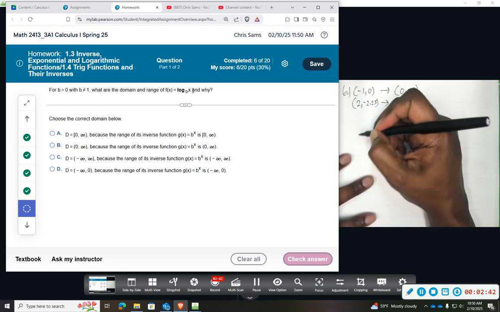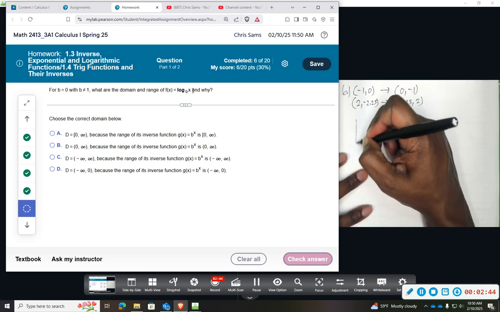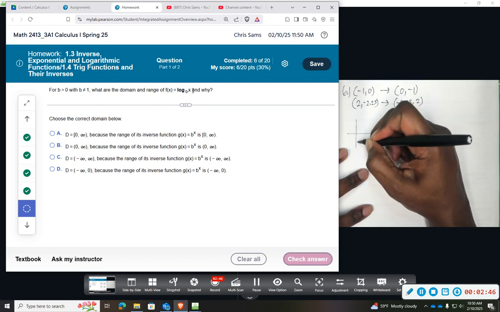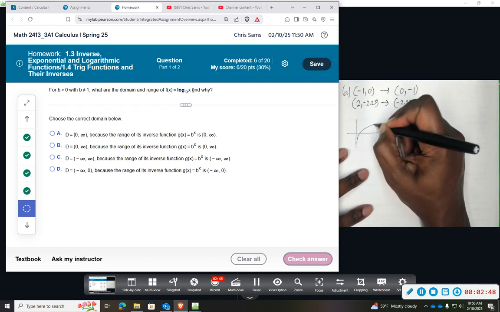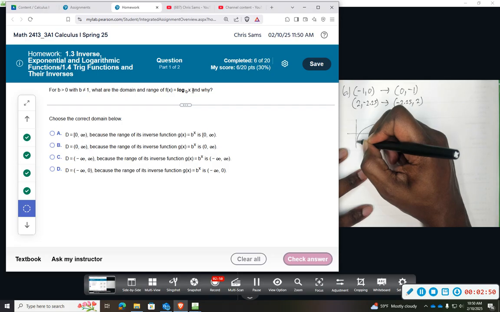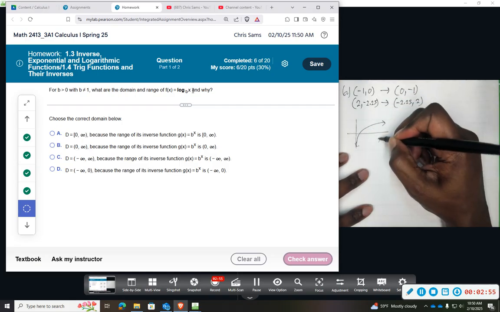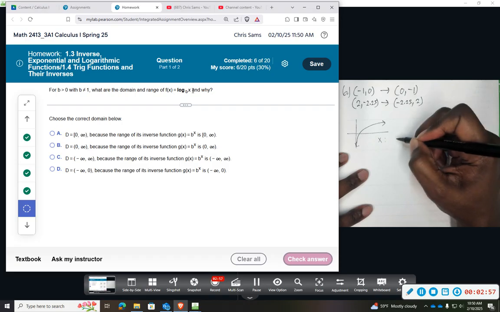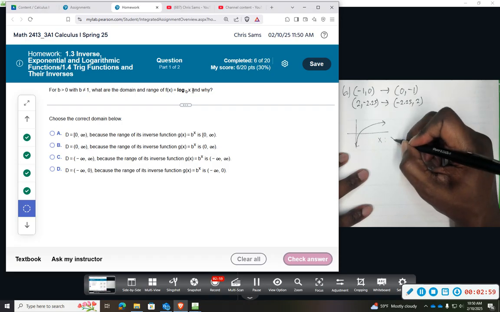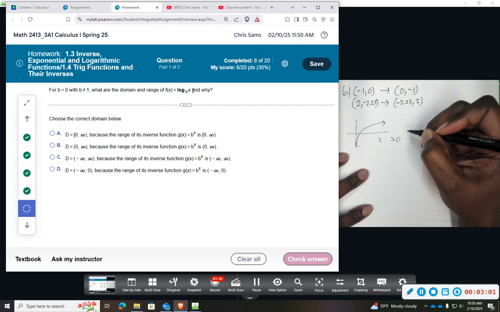But the graph of log, I believe, hugs the y-axis like this. Domain: x has to be greater than 0.